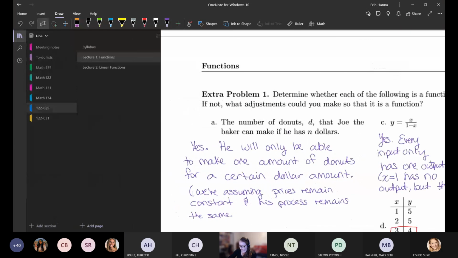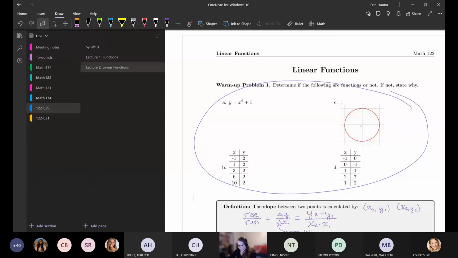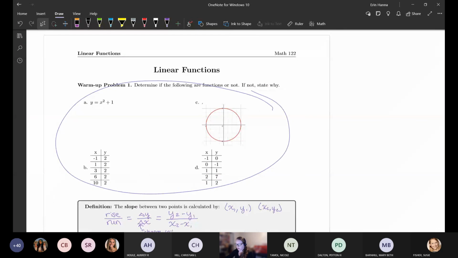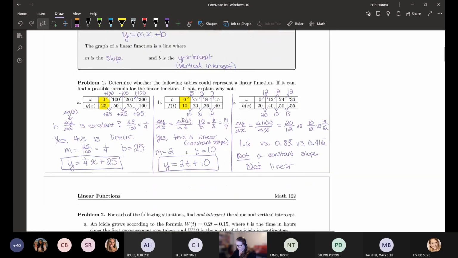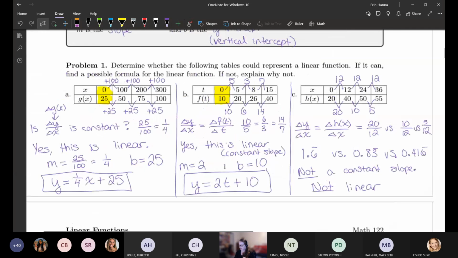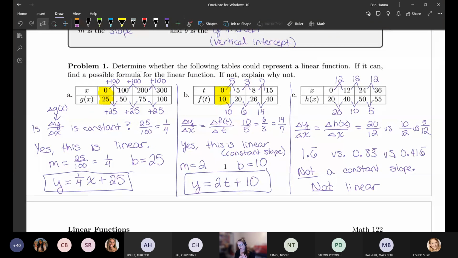So you can also look over that before Wednesday if you want. And then the other thing I will ask you is whether a table, or should I say set of data, is linear, which is essentially the question we just did. So those two types of questions, is this a function and is this linear, will show up on your first kind of official quiz on Wednesday.